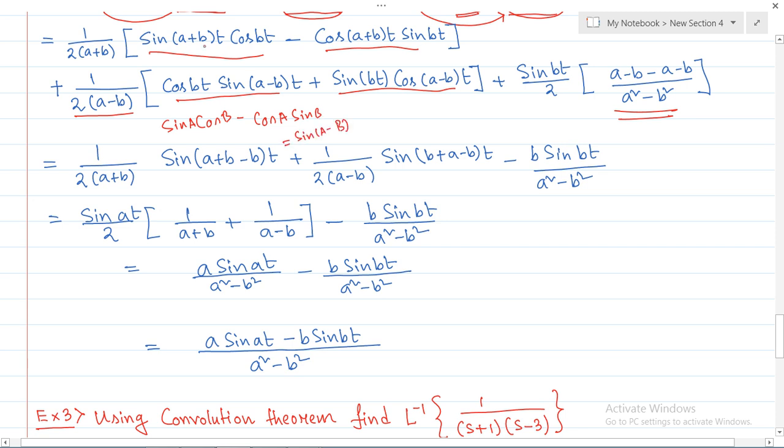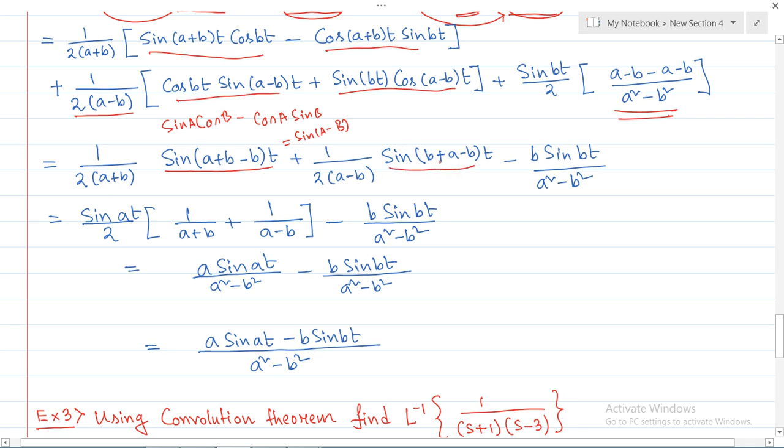Here we have considered (A plus B) as A and B as B. So it will come sin of (A plus B minus B) t. Similarly, from the second term, that is cos bt sin of (A minus B) t plus sin bt cos of (A minus B) t, it is coming as sin A cos B plus cos A sin B. So it will be simply sin of (A plus B).